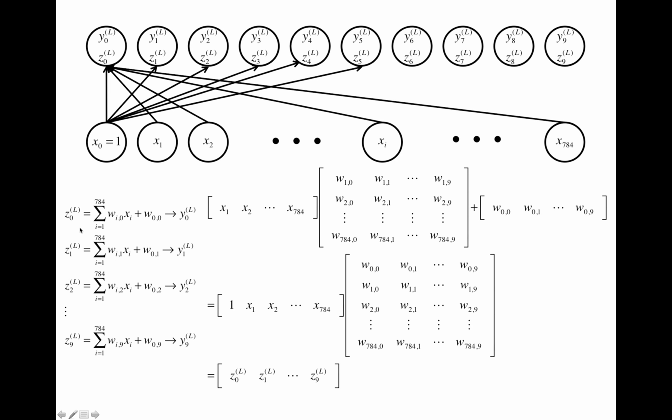And in total, if we write this kind of equation for every output neuron, then we're going to have 10 equations for the 10 logits in the output layer. The weights for each neuron are denoted as wi0, wi1, and then wi2 up to wi9, with i going from 0 to 784.